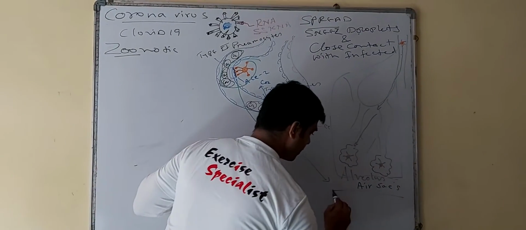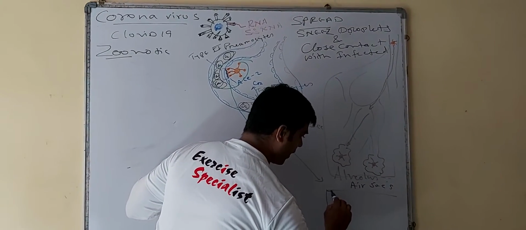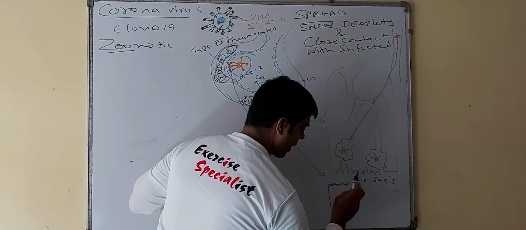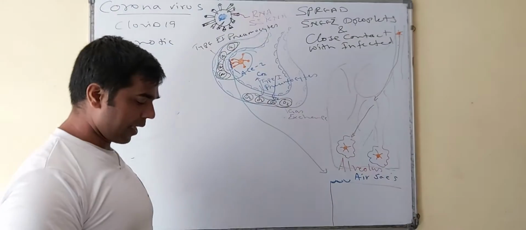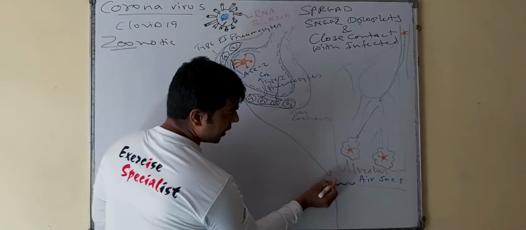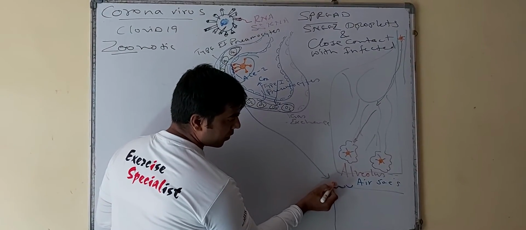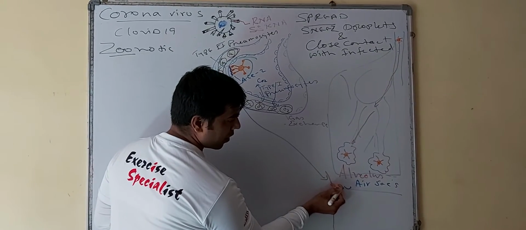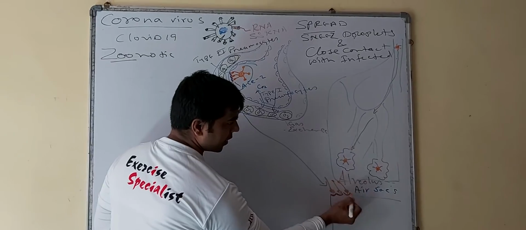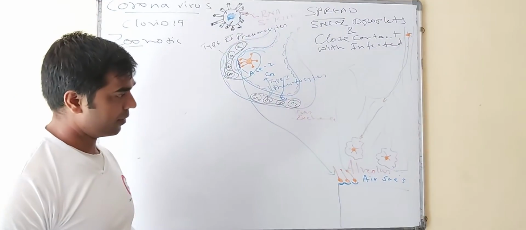This is the cytosolic environment, and here we have ACE, angiotensin converting enzyme type 2 cell receptors, and these are the coronaspikes which bind over this ACE receptor, right?